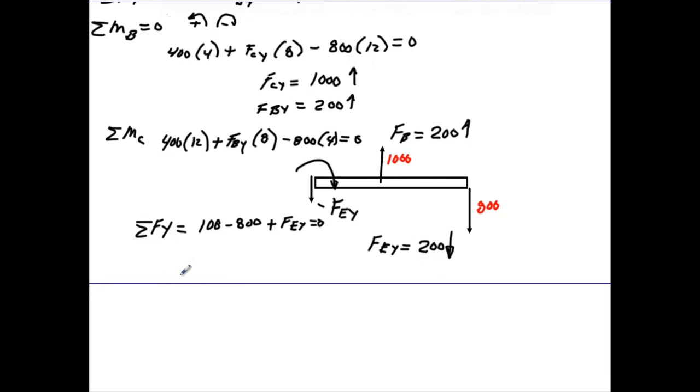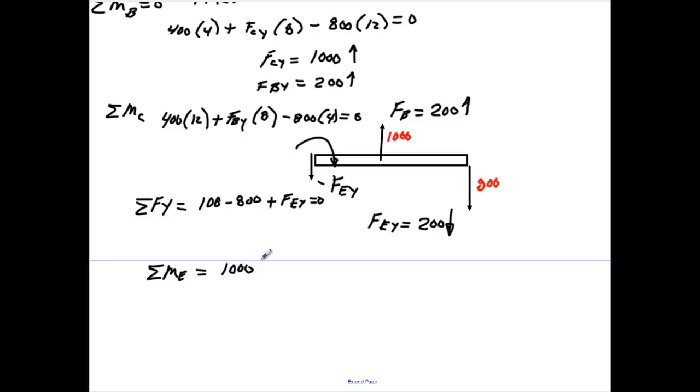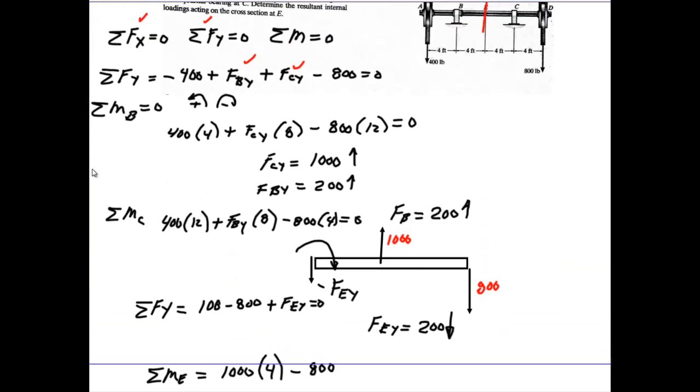Okay, now we'll sum the moments. If I sum the moments at E, then we'll have 1,000, let's look back at the picture, see how far that is from E, times 4, minus 800. And how far is it? It's 8.